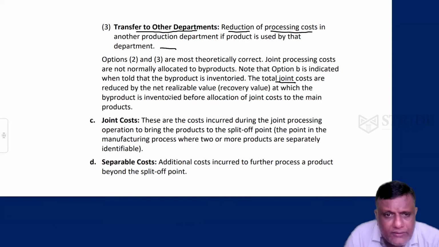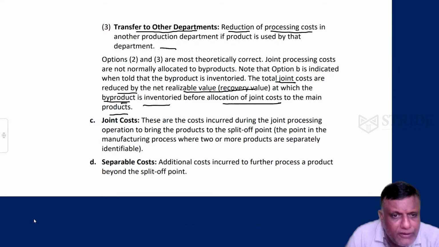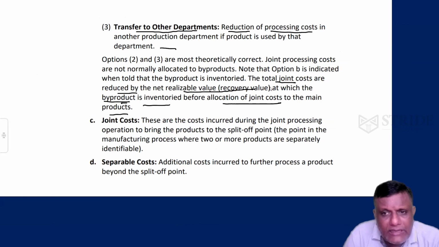Anyway, the total joint cost is reduced by NRV value. And byproduct is going to be inventory before joint cost to the main product. Right. That's a major thing. So for any joint cost reduced by NRV of the byproduct, any byproduct sold before the split off point, the joint cost then the recovery value to be adjusted.